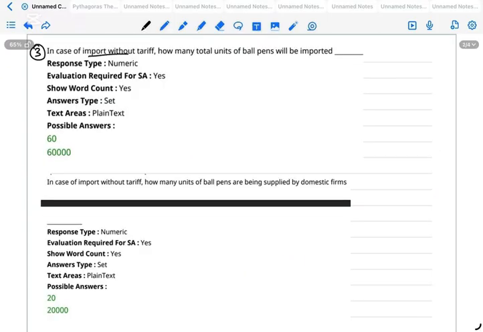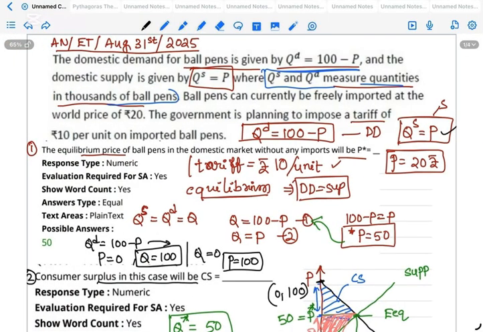In the case of import without tariff, how many total units of ball pens will be imported? The government is planning to impose a tariff of 10 rupees, but without tariff, they are asking to calculate all the imports without using the 10 rupees per unit.